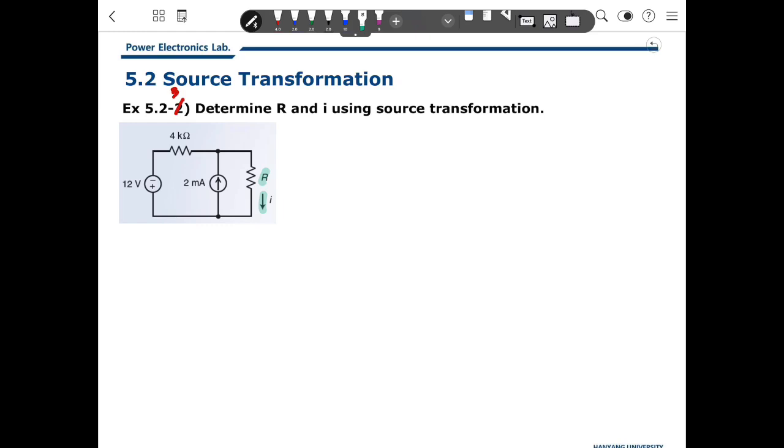At first, the problem is we want to know the relationship between R and current I. To do that, we need to make this circuit more simply.